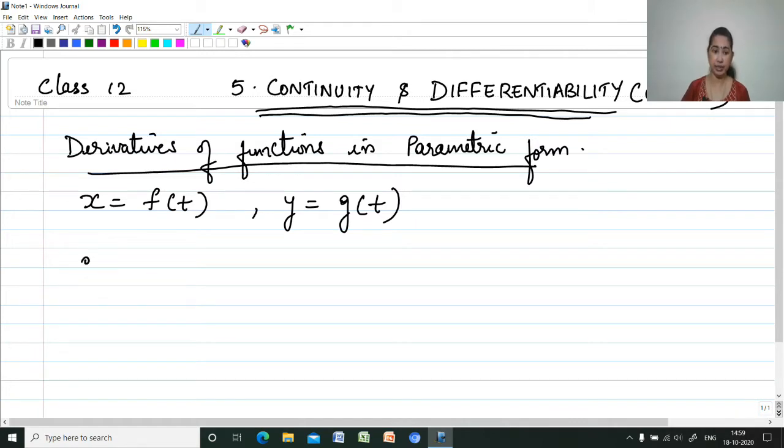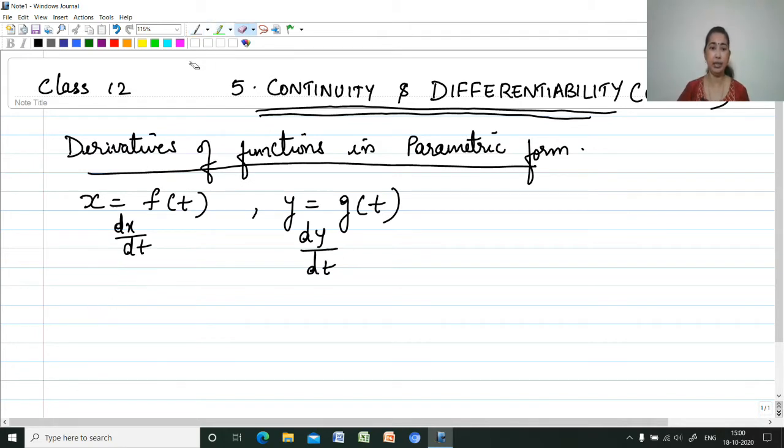In such a case, in order to find dy by dx, we have to differentiate x with respect to t and y also with respect to t. So we will get dx by dt and from this one dy by dt. So what will be dy by dx?